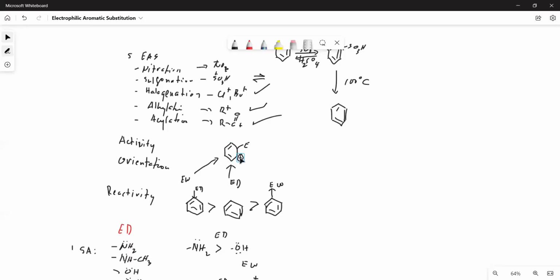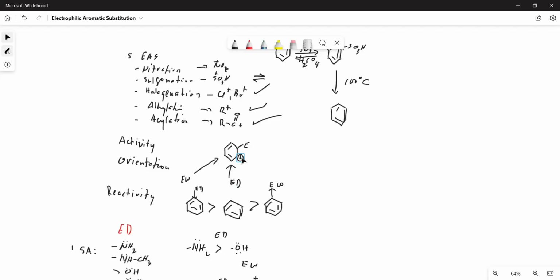And carbonium ion can be stabilized by electron donating group. So this will lower the activation energy, the barrier of reaction, right? The lower the activation energy, the faster the rate. Electron donating groups can stabilize the intermediate and therefore enhance the rate of reaction.